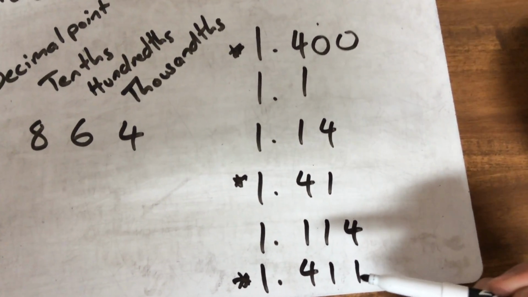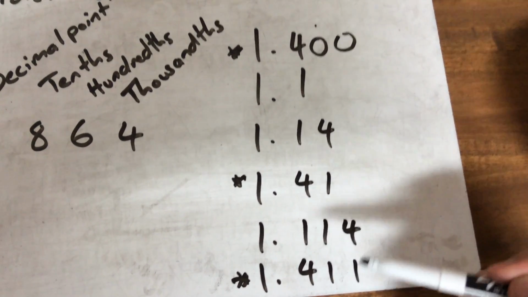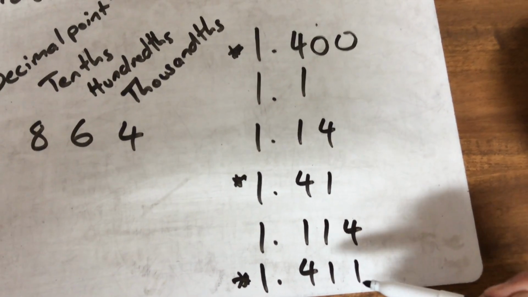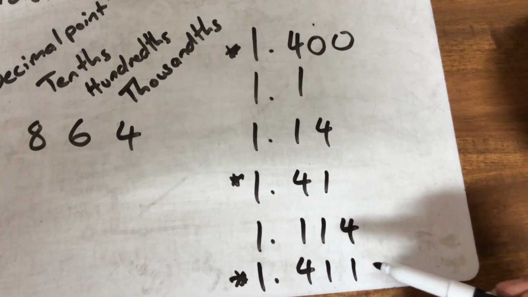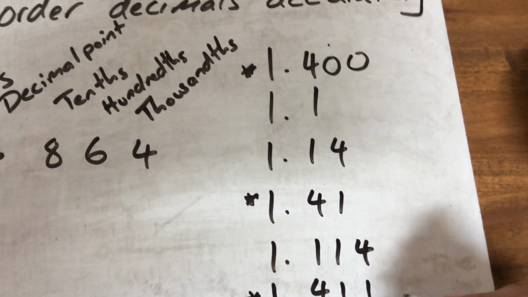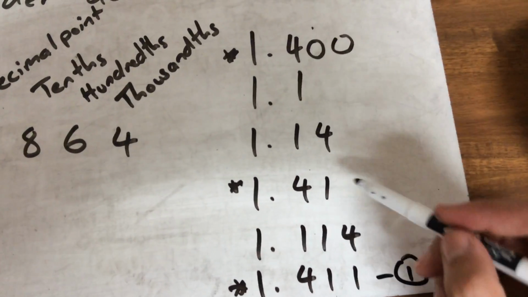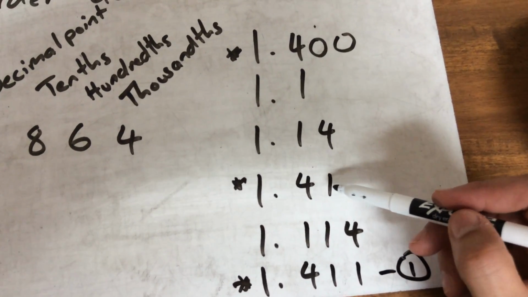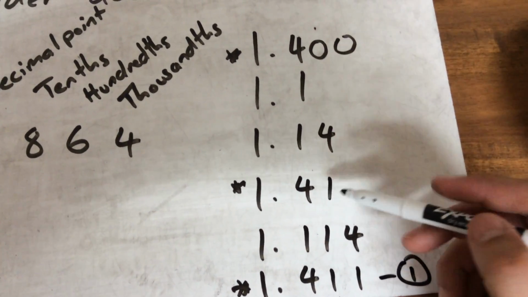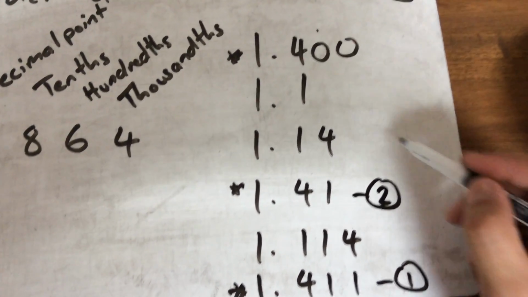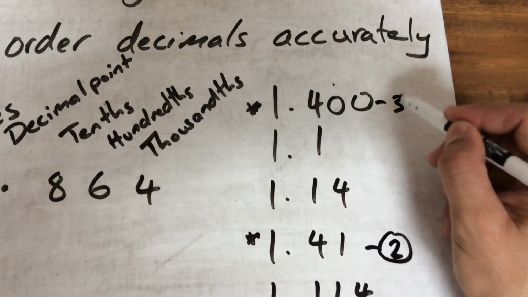But this one actually has a hundredth as well, which makes it that tiny little bit bigger. So this one would actually be our biggest number here, 1.411. I'm going to say he's number 1. Then this guy here is number 2 because he's bigger, because he's got one more hundredth than the next one up. So I'm going to put him as number 2, and this guy here becomes number 3.